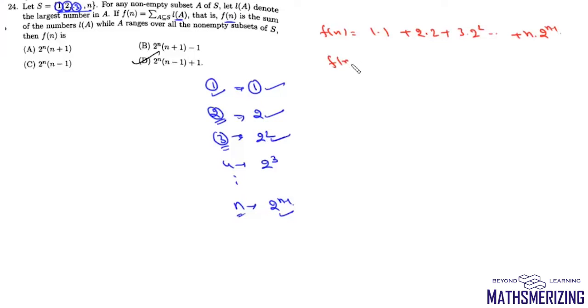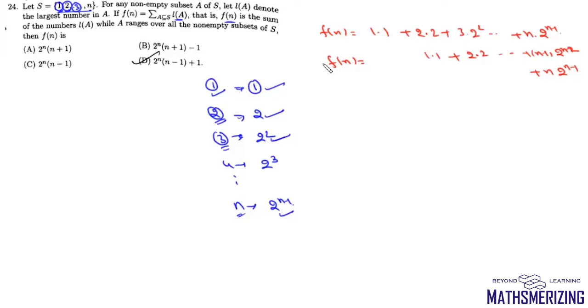Now what we'll also do is write this Fn, but after displacing one term. So it is 1 into 1, 2 into 2, up to n minus 1 into 2 to the power of n minus 2, and plus n into 2 to the power of n minus 1. Now we'll also multiply it with 2.